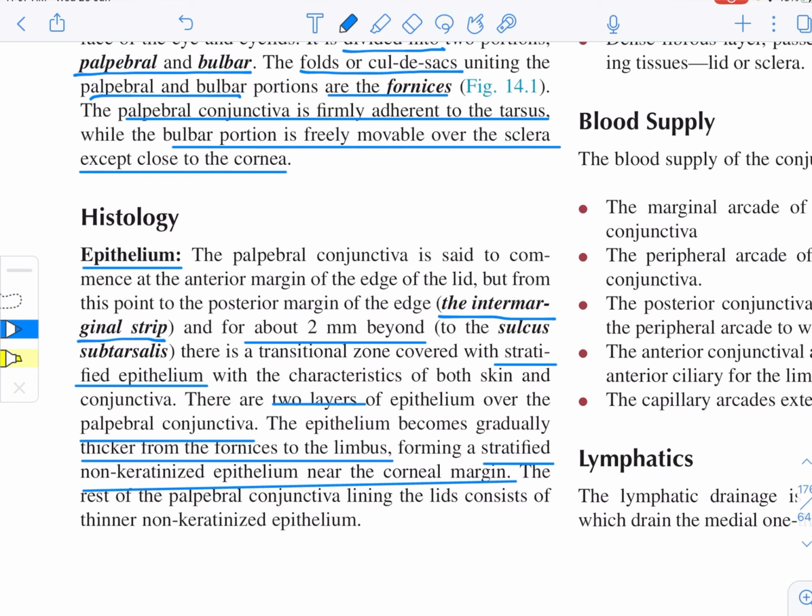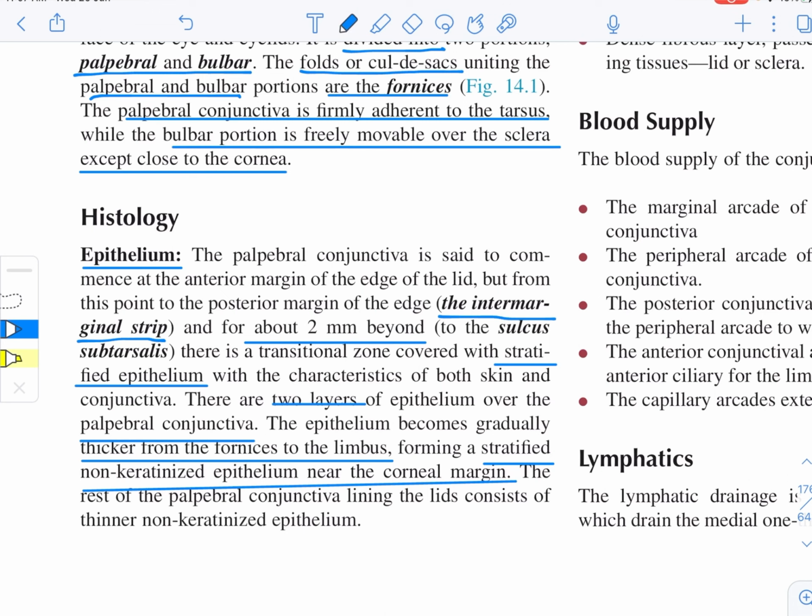Basically, at the margin of the lid, what you see is stratified epithelium, which has the characteristics of skin and conjunctiva, and there are two layers of epithelium over the palpebral conjunctiva. Then as you go from the fornices to the limbus, the number of layers of the epithelium goes on thickening, forming stratified, meaning layered, non-keratinized epithelium near the corneal margin.